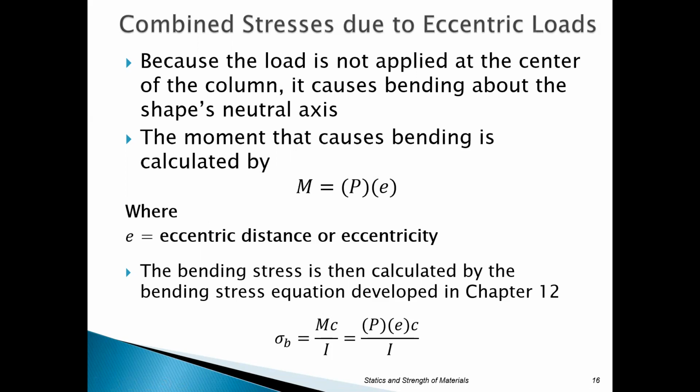Because if it's left of your centroid, it's going to be one type of moment, and if it's right, it's going to be another. So it could be either a compressive on one side, tension on the other, or vice versa, depending on that. But what you essentially then do, you get your bending moment from your MC over I, and substituting the PE in for M, you get PEC over I, right? Like we've developed in chapter 12.